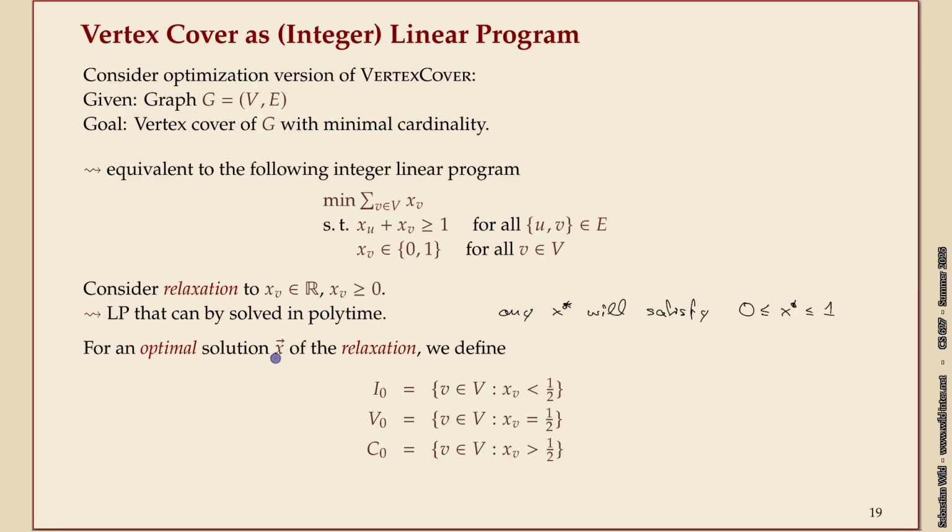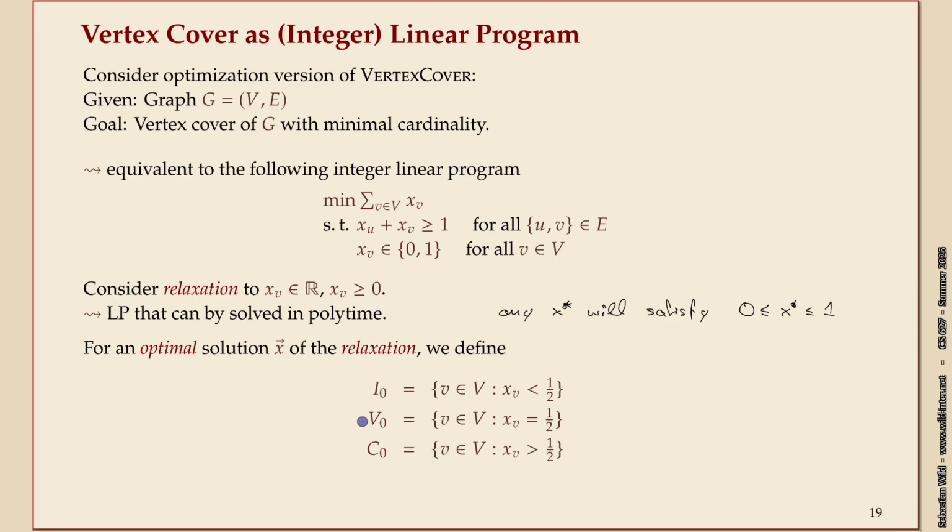Whatever this optimal solution will be, I have to change that. Imagine that's a bold x instead of x with an arrow. Whatever that solution will be, we can define 3 sets of vertices now, depending on what value their variable has. There might be some that have exactly value 1/2 in the optimal solution.